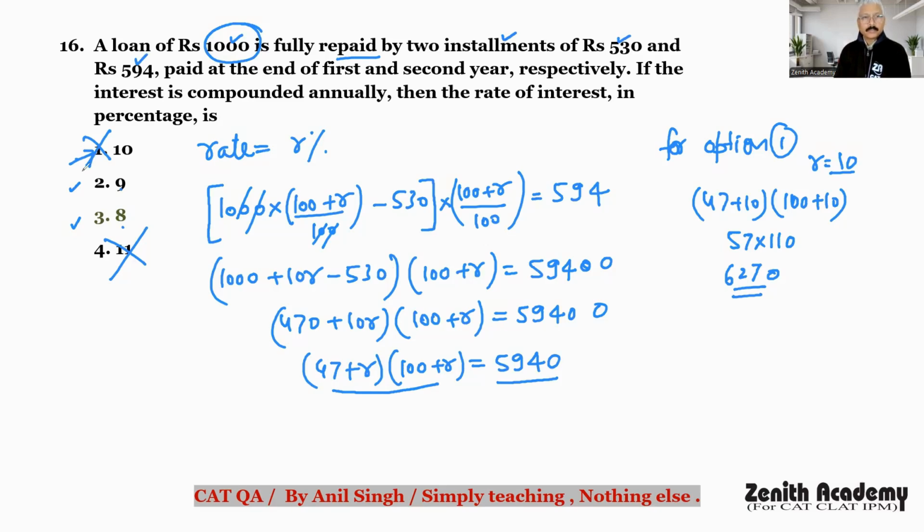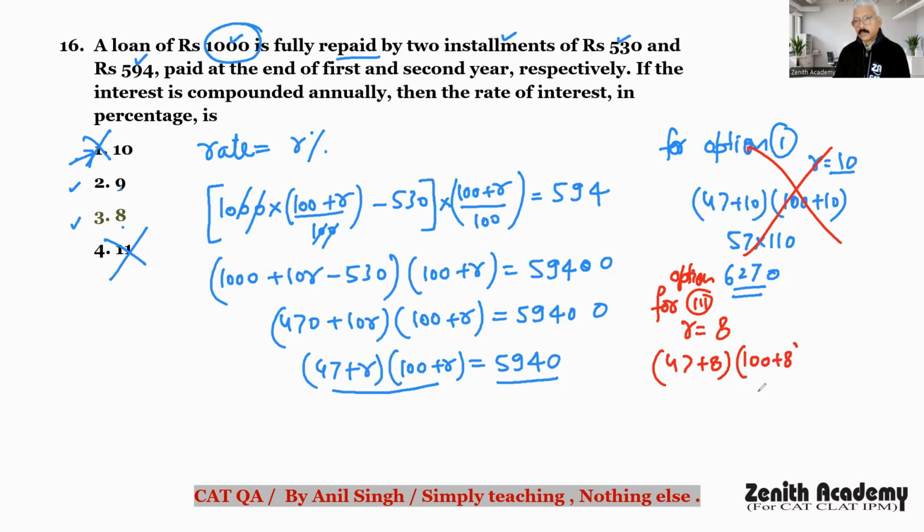Then for R equal to 8, it is 47 plus 8, which is 55, into 100 plus 8, which is 108.